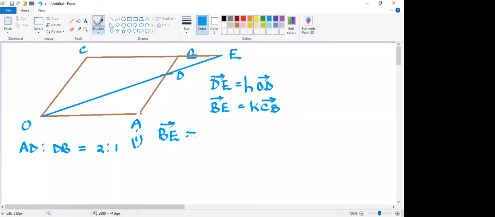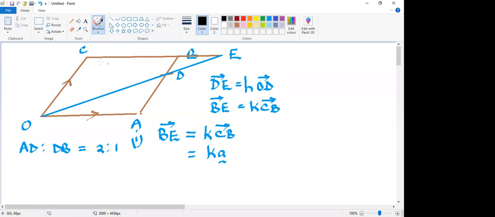Thank you very much. This is, I think, direct. We have been given this to be K of CB, and our CB is A, isn't it? So this is KA. Maybe I didn't tell you that we had the same vectors.